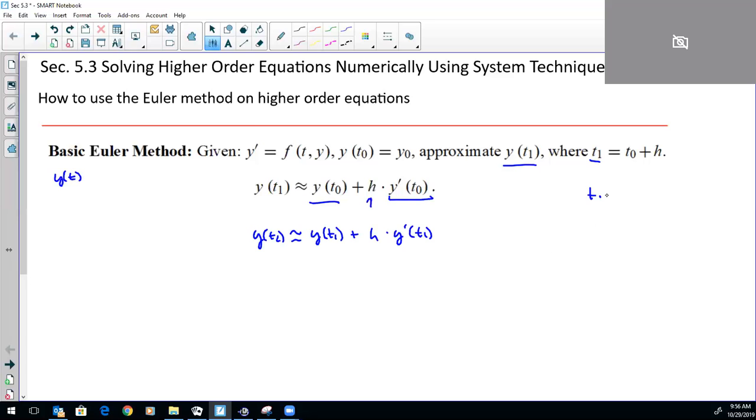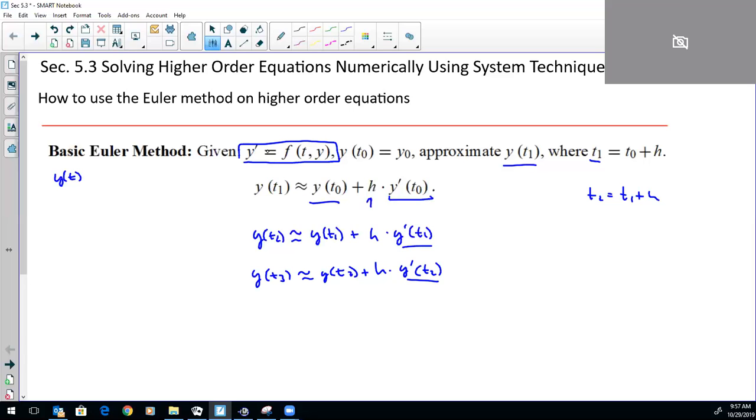In this case, we're looking at t2 is t1 plus h. And we can keep this process up. The value at t3 is approximately the value we got for t2 plus h, the step size, times the derivative at t2. And these values over here, the derivative at t2, we can get that by plugging into this equation.